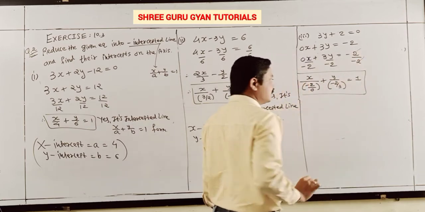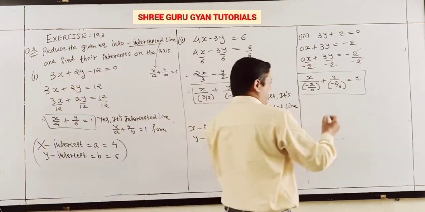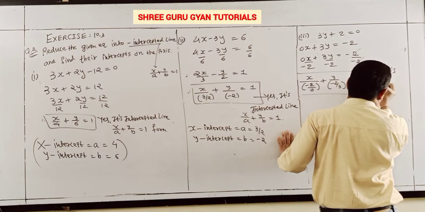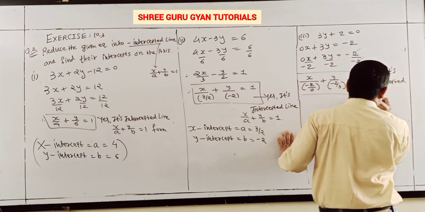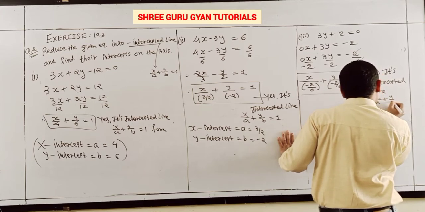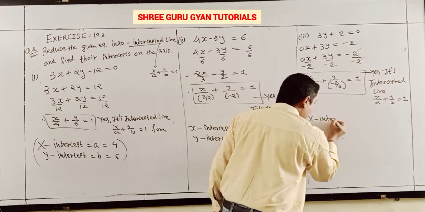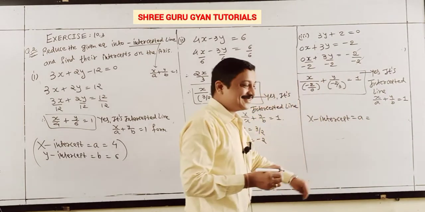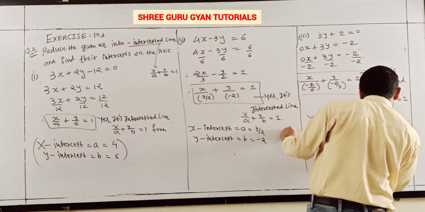Minus 2 by 2 cancels. That's the intercept form, x by a plus y by b is equal to 1. Compare. So your x-intercept, small a, is minus 2 by 0, which does not exist.